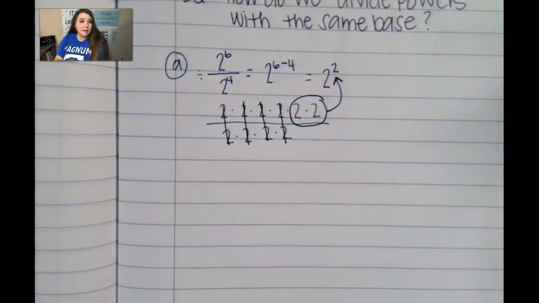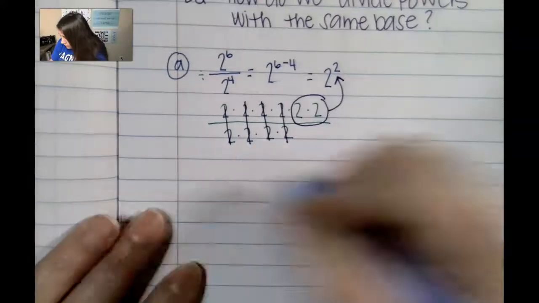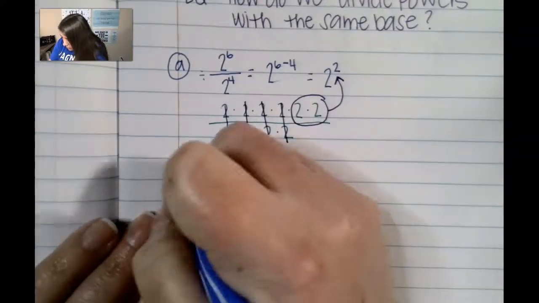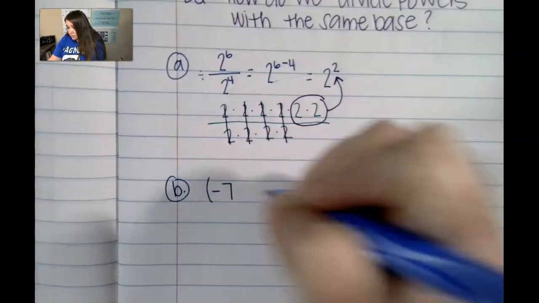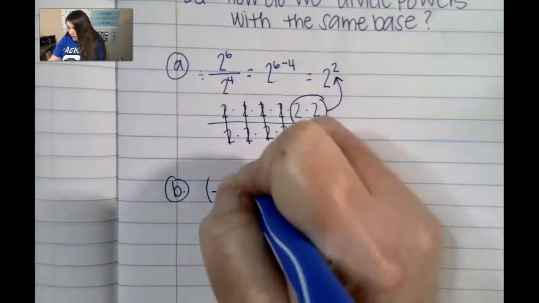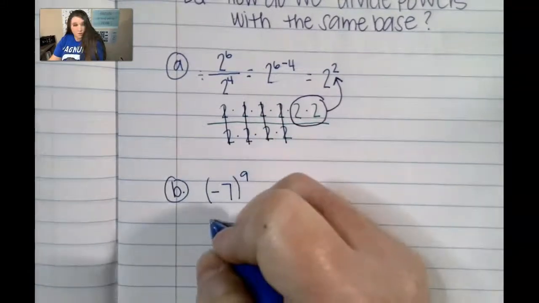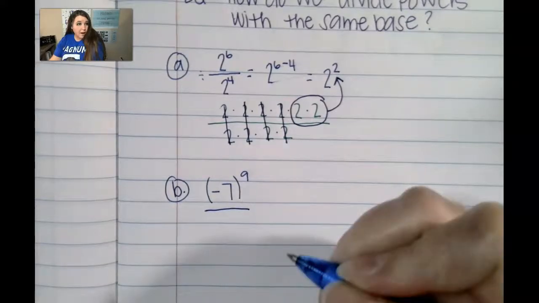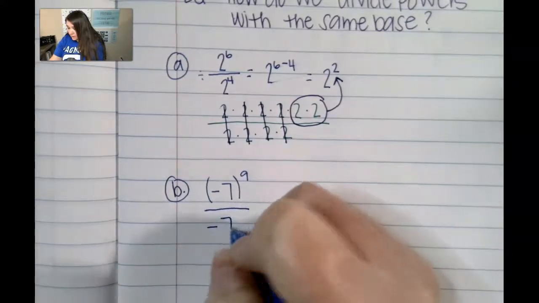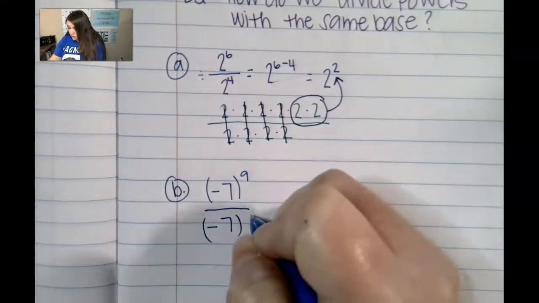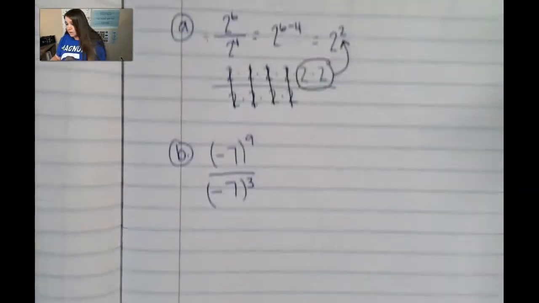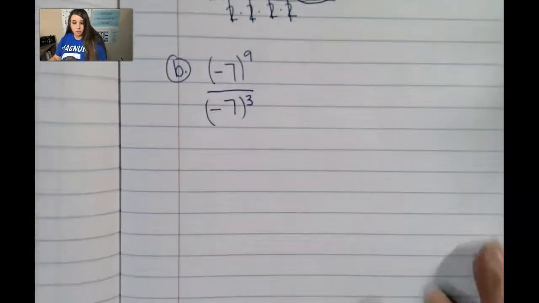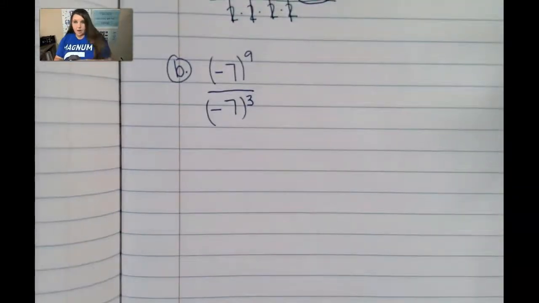Let's look at another example. In our next example, we are looking at a negative number, so negative 7 to the power of 9, divided by negative 7 to the power of 3. The quotient of powers property says that because they have the same base, all we have to do is subtract their exponents.